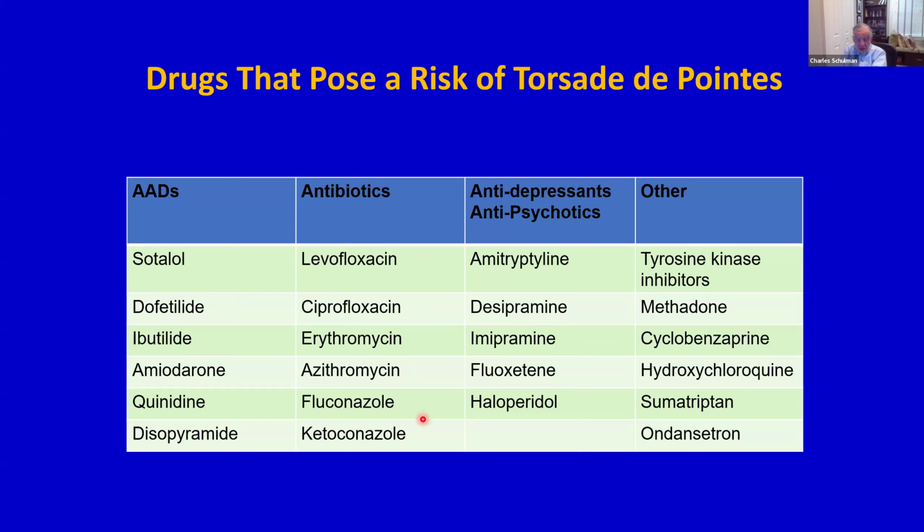The antifungals can do it. Antidepressants or antipsychotics, and then a number of others in this catch basin, if you want to call it that. So there are a number of drugs that can cause QT prolongation, and you really need to be careful about that sort of thing.